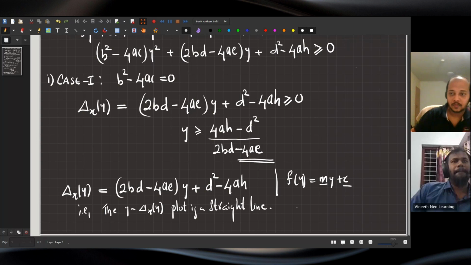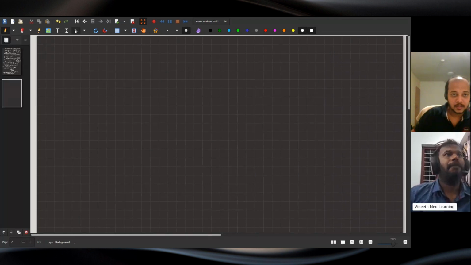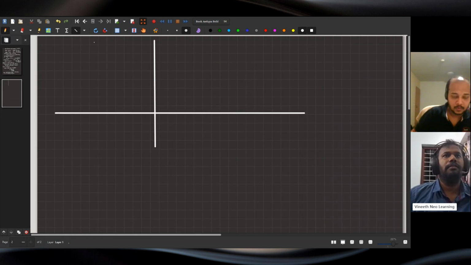So we have to think of this as m and this as c. Let me draw a graph like this. This is y and this is delta x of y. We will get a line something like this.